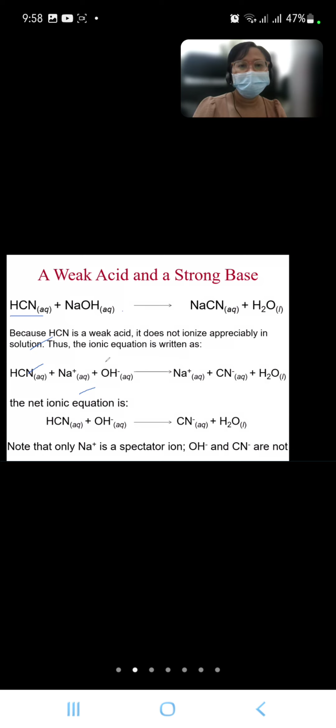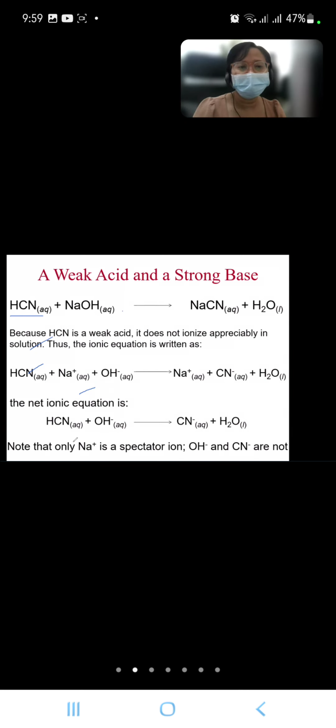So our ionic equation becomes HCN, or aqueous hydrocyanic acid, plus sodium ion plus hydroxide ion to yield sodium ion, cyanide ion, and water.